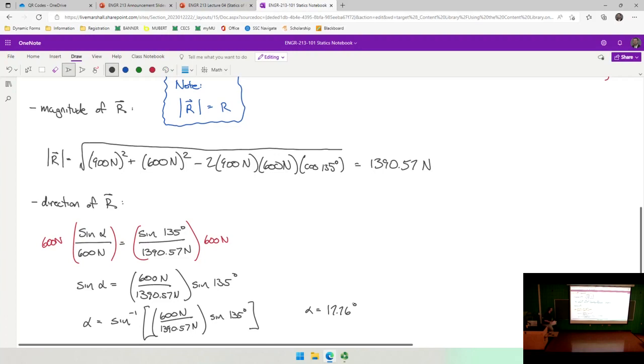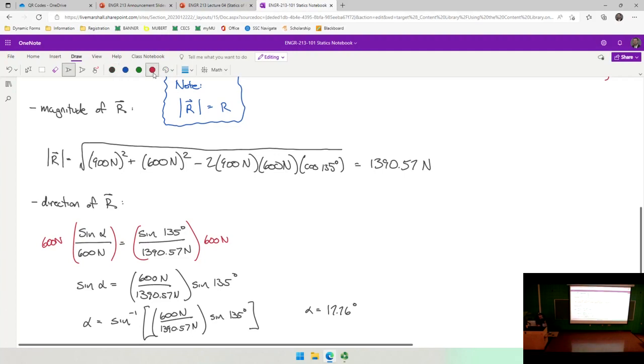Okay, so alpha is 17.76. Everybody okay with that? Now, I want to be crystal clear in terms of what alpha is, because when I express my final answer, I want you to understand how I'm doing it, okay? Remember, here's the point.